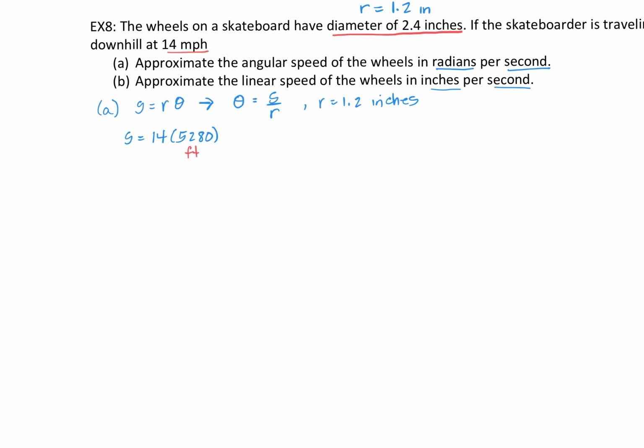However, each foot is made up of 12 inches. So now if I take the amount of feet and multiply that by 12, I'm going to get inches. In my calculator, I get 887,040 inches. That's the arc length.